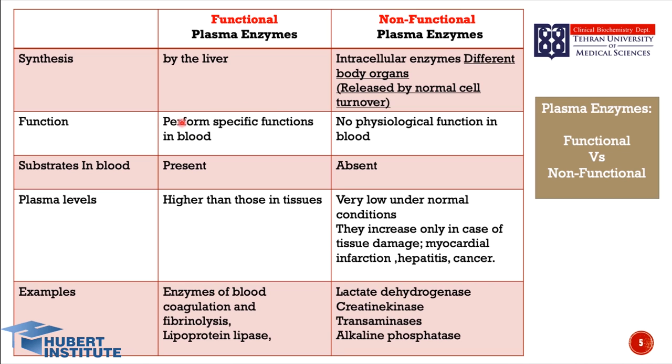About their function, as the name says, functional enzymes have a specific function in blood, but the non-functional enzymes do not have a physical function in blood. You can see other differences between them here in one table.